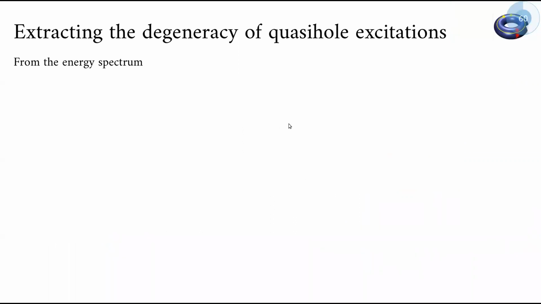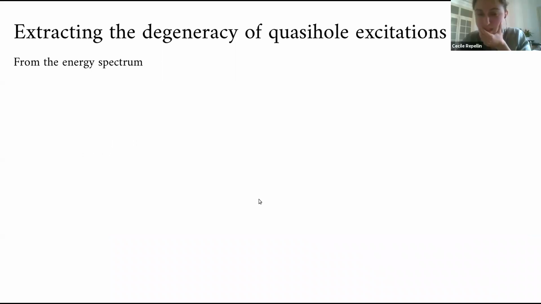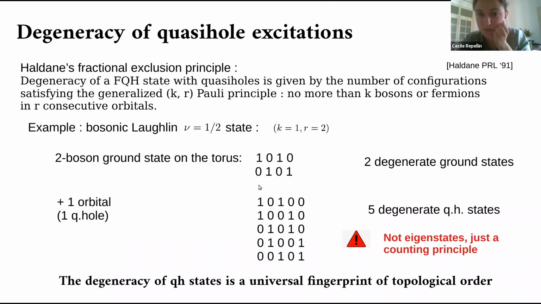Okay, so let's go back here. Let's take even the first 2 lines of configuration. Let's say that I'm doing exact diagonalization of 2 bosons in 4 orbitals. So those could be the 4 states in the lowest Landau level or the 4 states in my lowest band, in a lattice system.